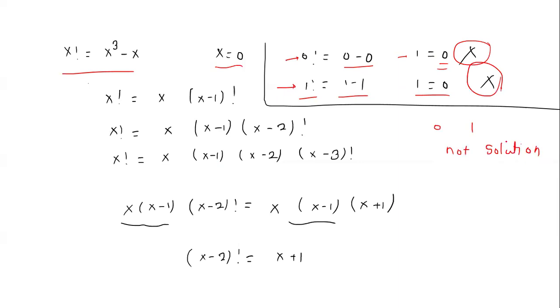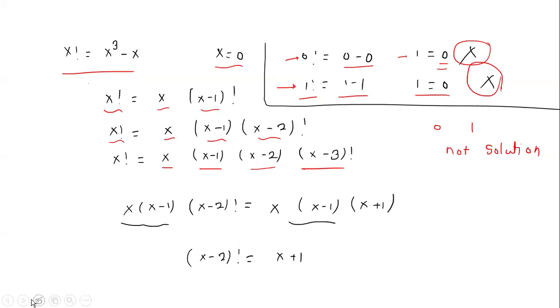So what we can do, we can write this x factorial as x multiplied by x minus 1 factorial, and we can also write x factorial as x multiplied by x minus 1 multiplied by x minus 2 factorial, and this goes on. Like we can again write x multiplied by x minus 1 multiplied by x minus 2 multiplied by x minus 3 factorial.